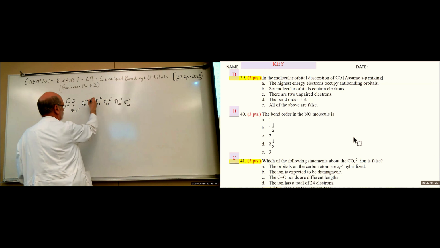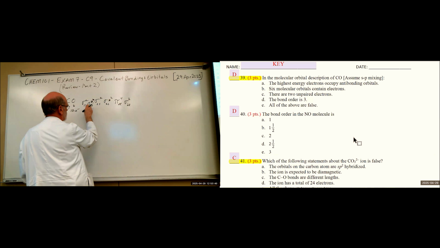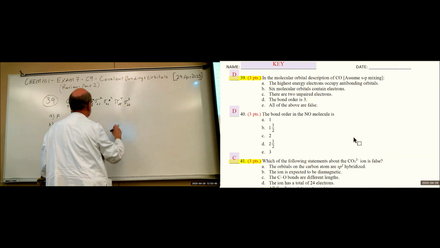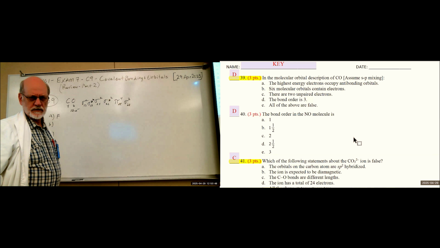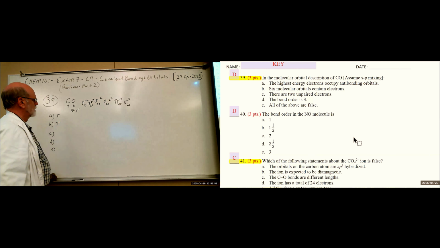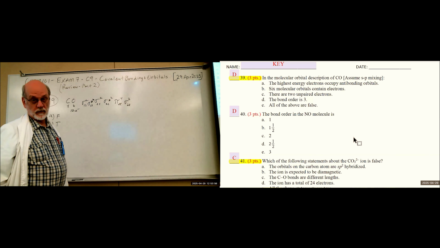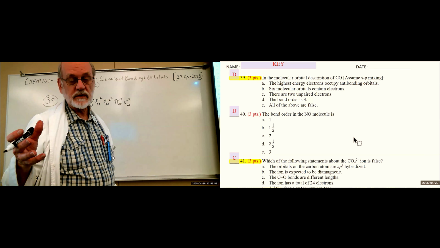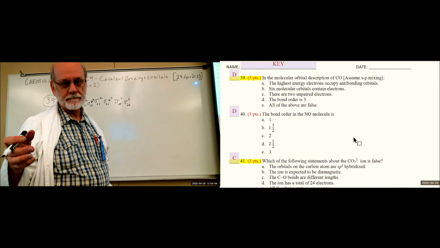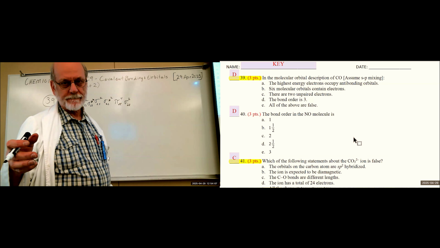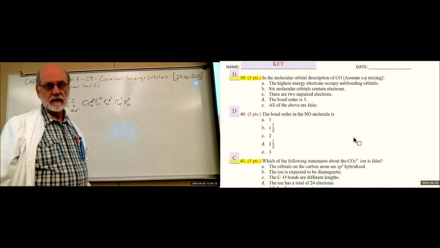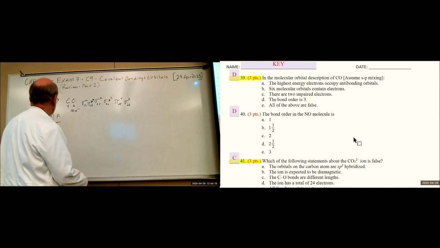So these would be filled also. 6 molecular orbitals. 1, 2, 3, 4, 5, 6. Well, that's true. B is true. Right? Am I reading that right? Molecular orbital description. 6 molecular orbitals contain electrons. Yeah. The way I read it, B is true.